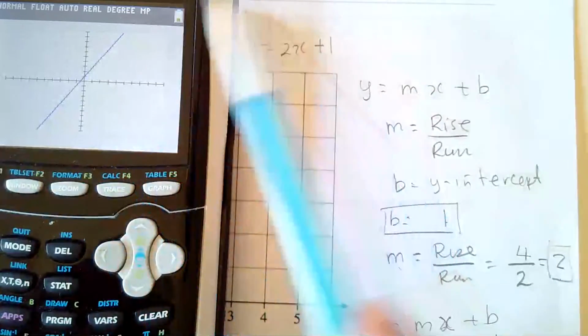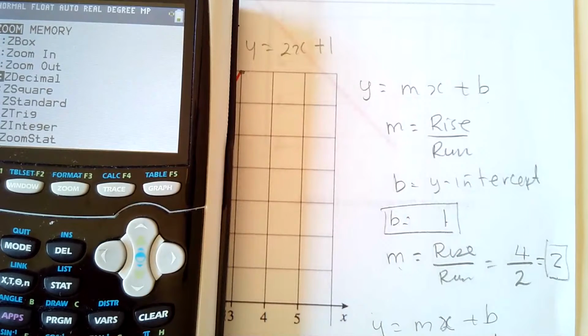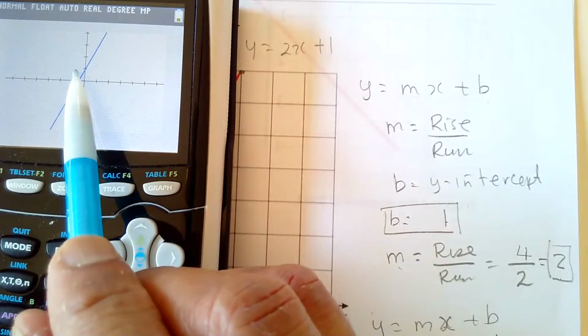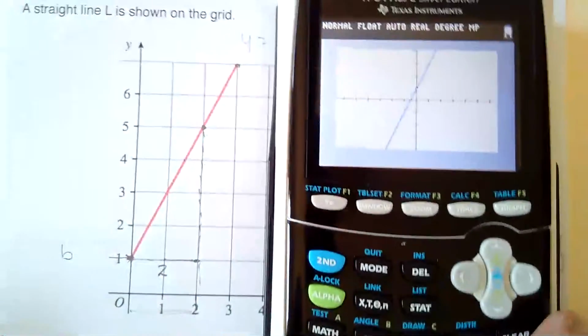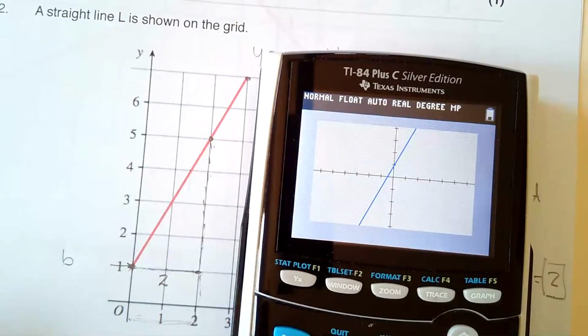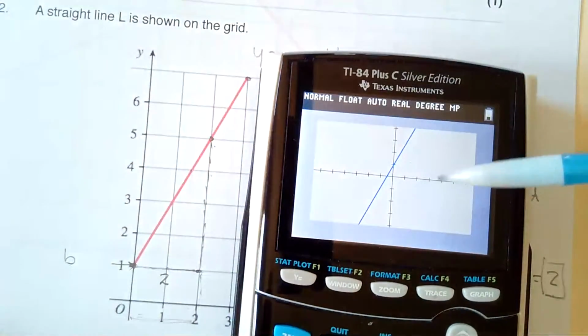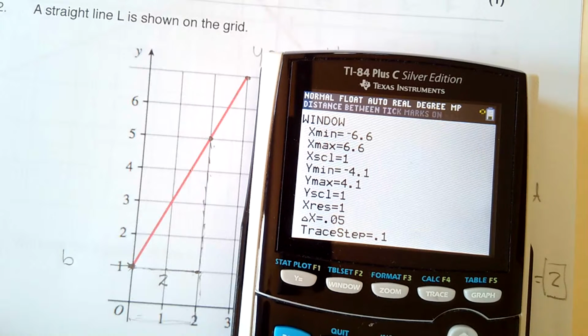Notice it crosses the y-axis at 1. Now I'll zoom in here, and so you can see that it crosses the x-axis at negative 0.5 here. Similar to what we have. If I were to extend this, be 3. Now I'm going to change my window to go up to 7, same as here.